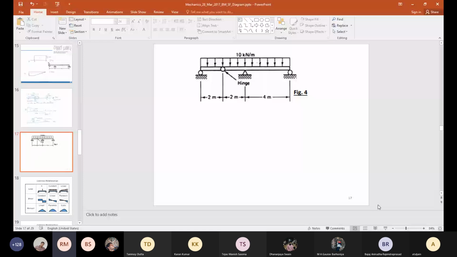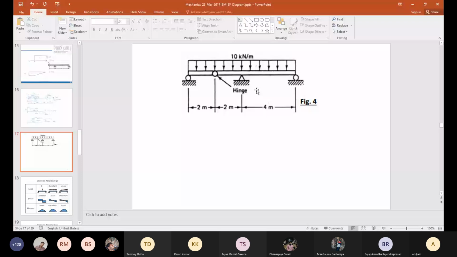So a hinge joint is actually two beams which have been connected at a point. This is the concept of a hinge joint. Understood? This circle that you see here is a hinge.